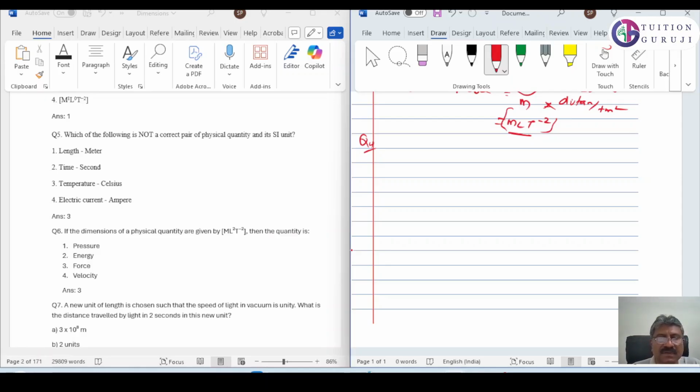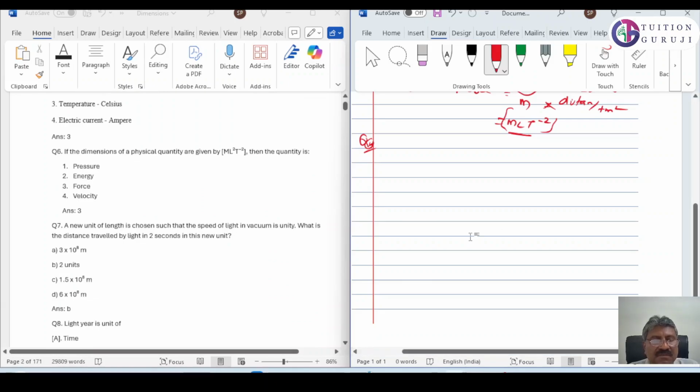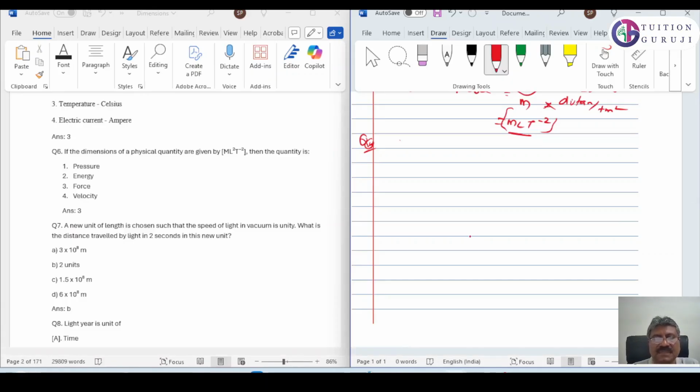Now next one. Question 6 is, if the dimensions of a physical quantity are given by M L square T raised to minus 2, then the quantity is. The answer given here is wrong.